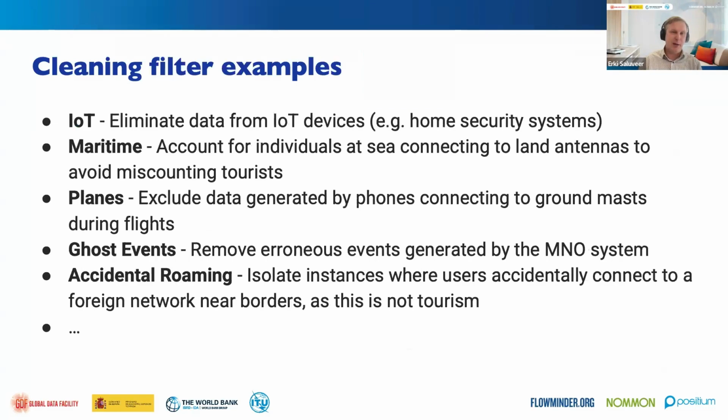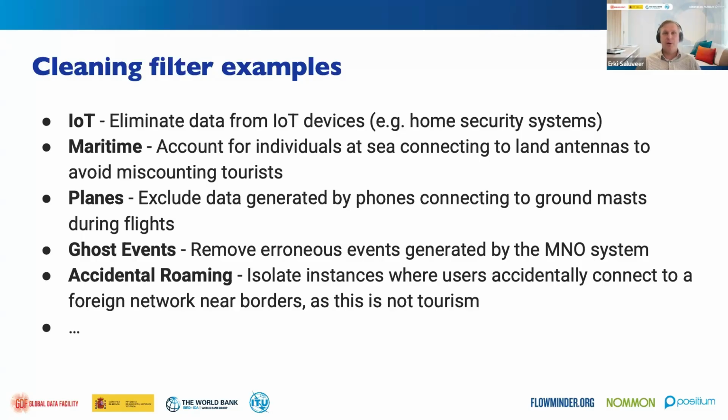So how is the data cleaning happening? I give you some of the cleaning filter examples that have been used, but actually there are many cleaning filter examples that can be built based on your specific use cases. So the most common cleaning filter is to eliminate Internet of Things devices.